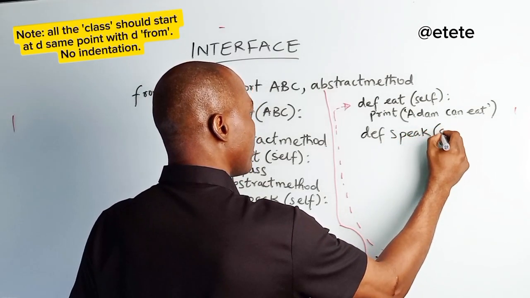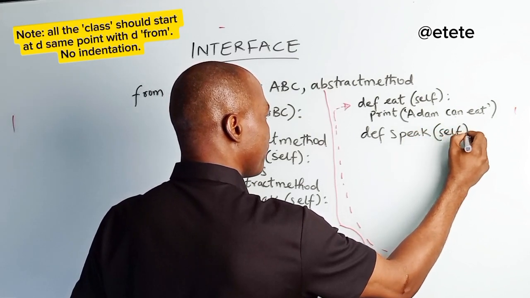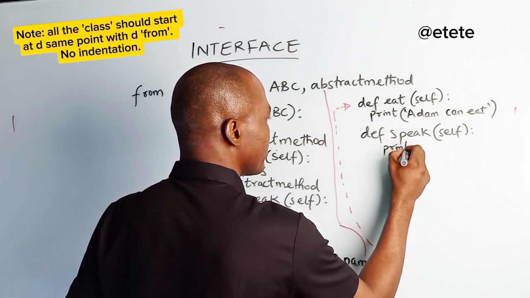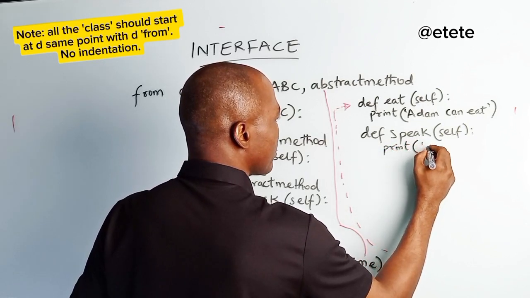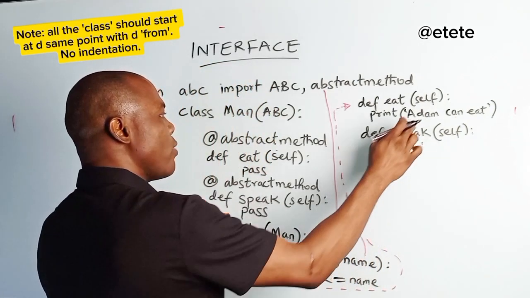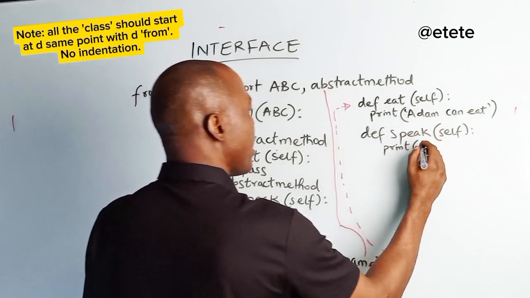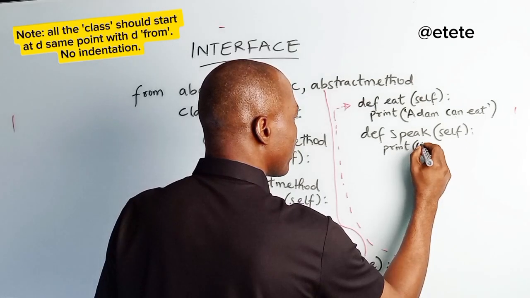right? Self, and then inside it, I will say print. If I don't want to write this name like this, right? I can use my format string.